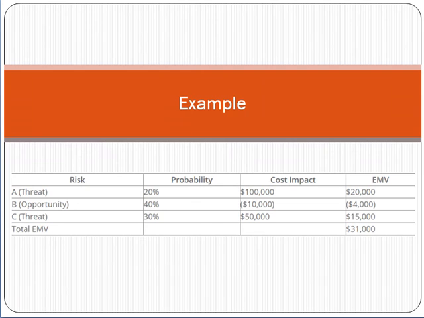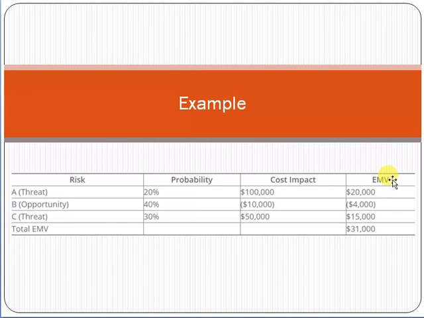The probability of A is 20% and the cost impact is $100,000. Similarly, B is an opportunity, so it has a negative $10,000 impact, because it is an opportunity. The opportunity probability is 40%. C is a threat, a negative impact, with a probability of 30% and a cost impact of $50,000.